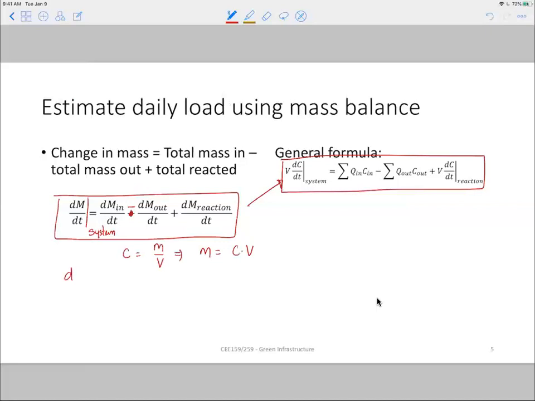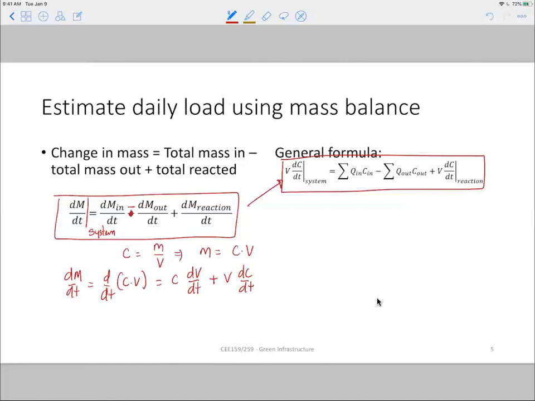Now dm over dt, which is a derivative, would be d over dt of CV. Because there are two terms, we have to take a derivative of each term. That would be C dV by dt plus V dC over dt. So what we did is use the product rule for derivatives.